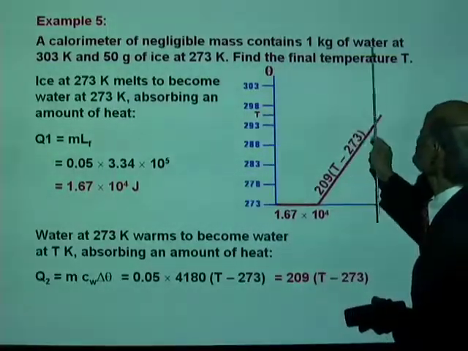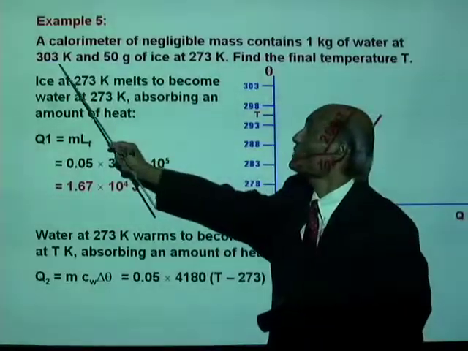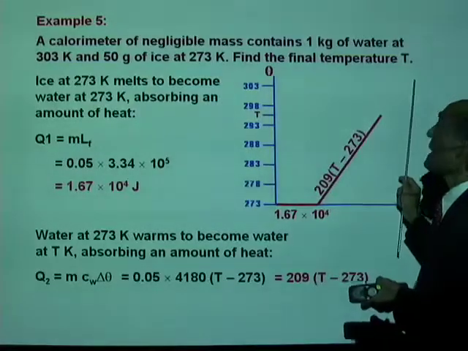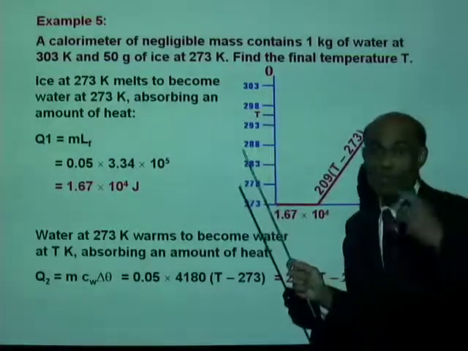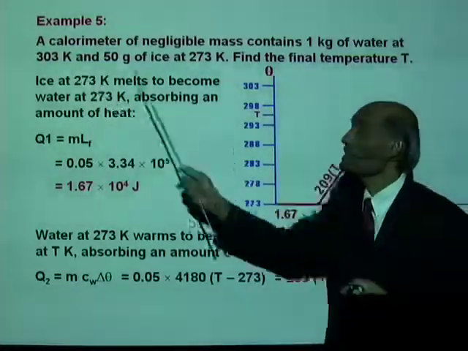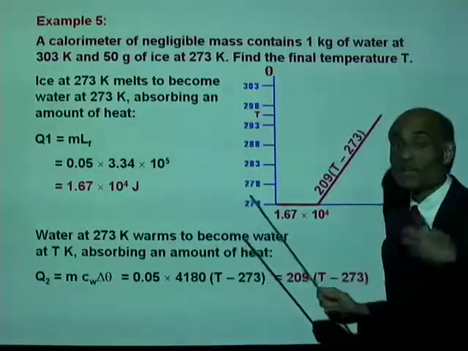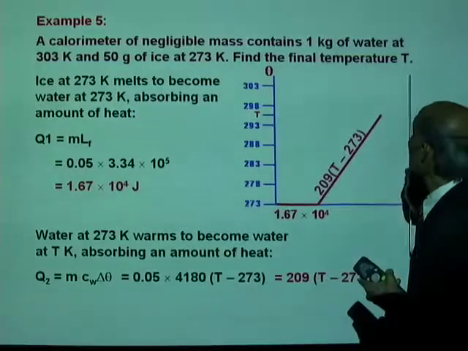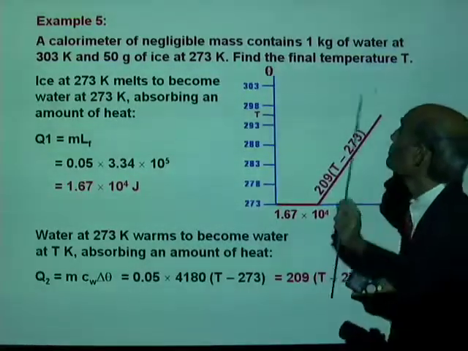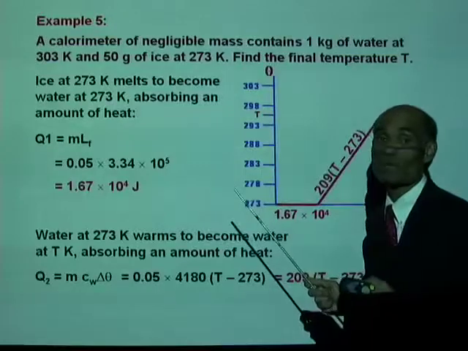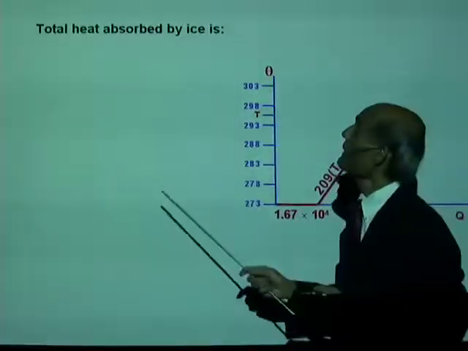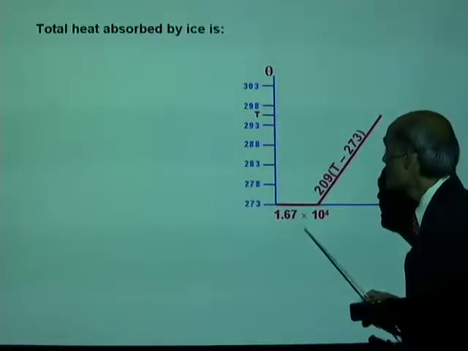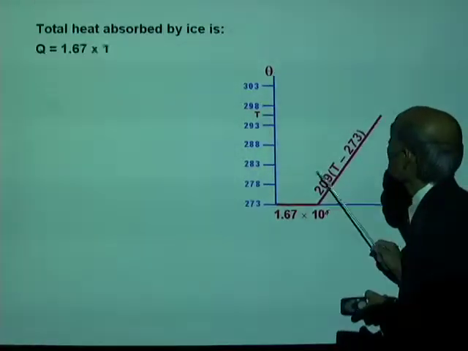Alright, now we have 1 kilogram of water at 303 Kelvin. You see, the bucket contains hot water. Its temperature is 303 Kelvin. Now, it is going to lose heat. From 303, it is going to come down to this T. Is that right? Alright, let's do that here. The total heat absorbed by ice will be this quantity plus this quantity.